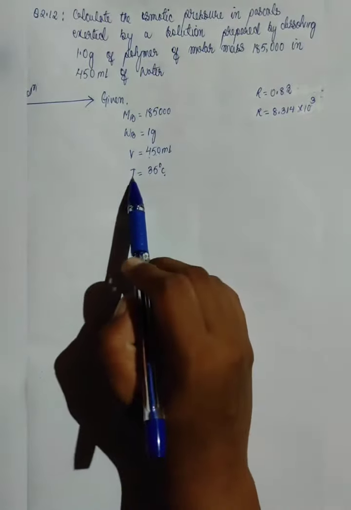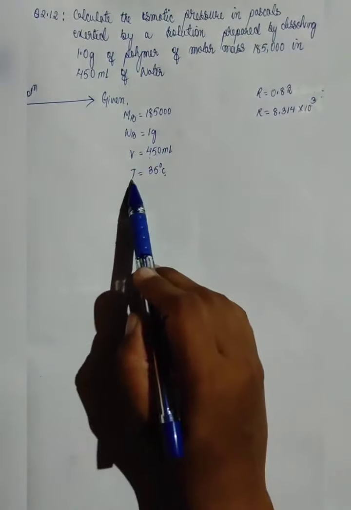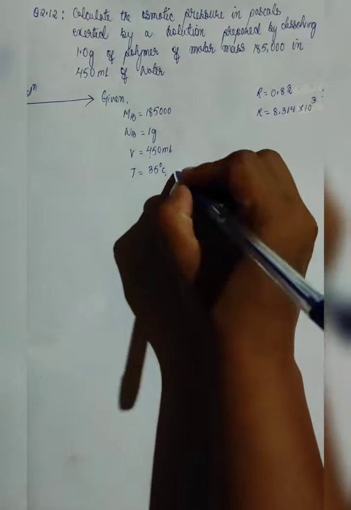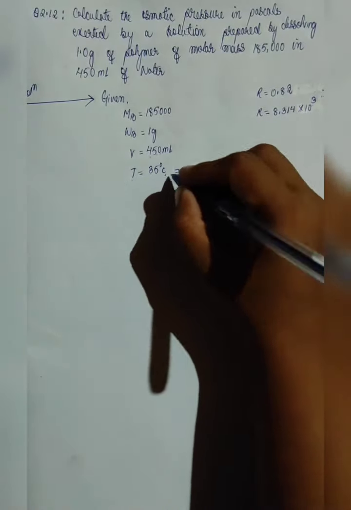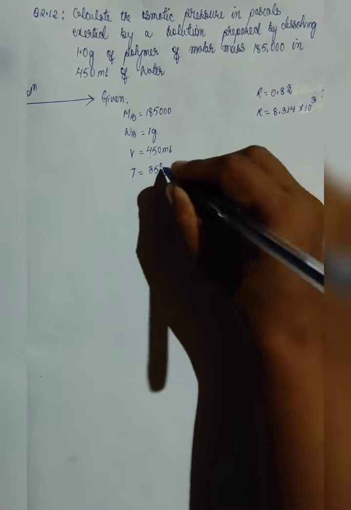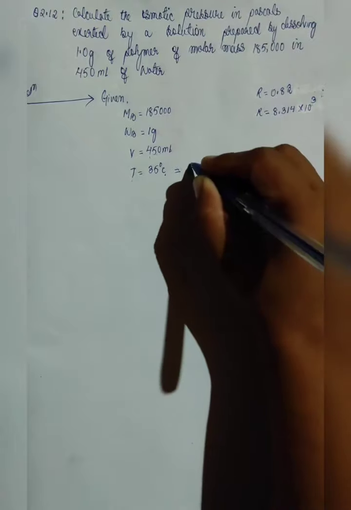Before that, temperature. Since Pascal is mentioned, temperature should be in Kelvin. In order to convert Celsius to Kelvin, we add 273.